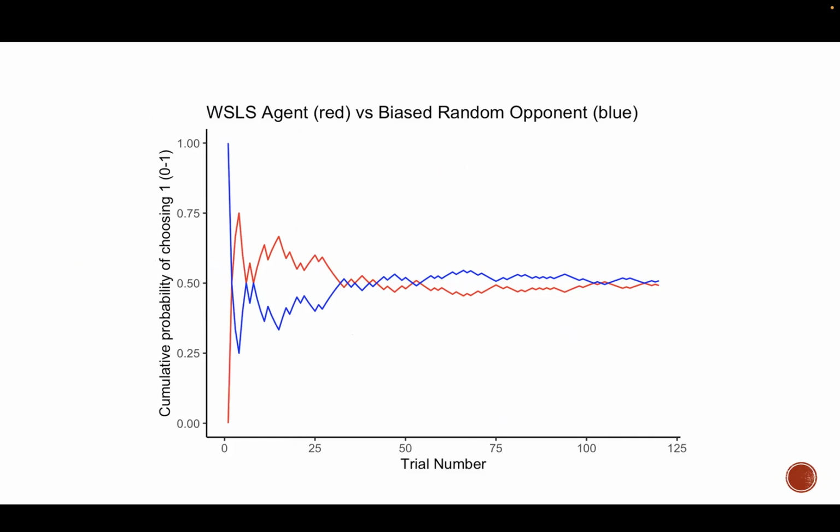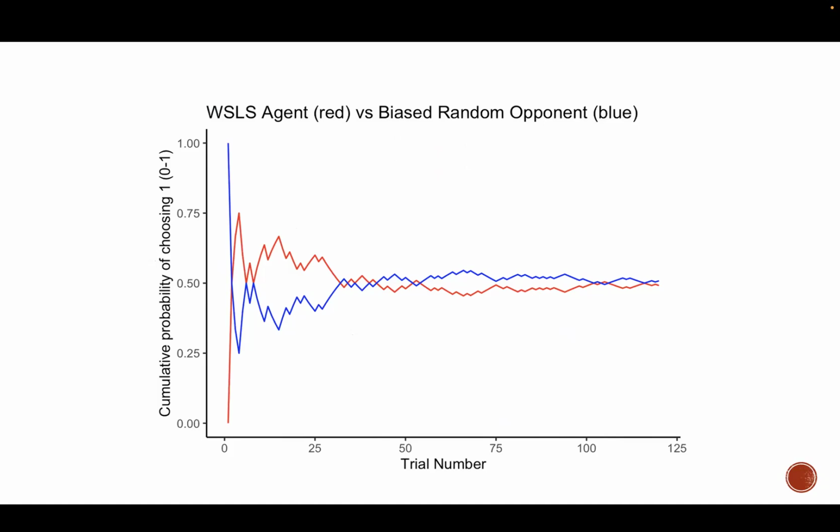Does that make sense? Why does it stabilize? Because it's cumulative performance, right? So we are seeing that even if the biased agent is sometimes shifting, a bit at random, we know it only shifts a certain amount of times.